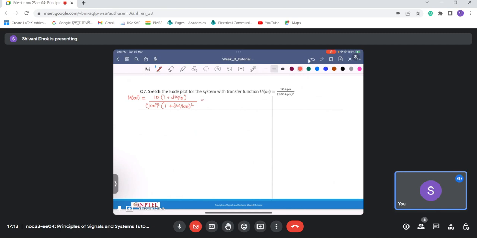So this I can write as, this is 10⁴ and this is 10, so this is 10⁻³ into (1 + jω/10) whole divided by (1 + jω/100)². So now if we observe here, we are having two corner frequencies. So the corner frequencies that we have here are 10 and 100 radians per second.